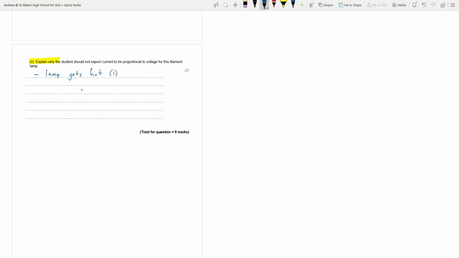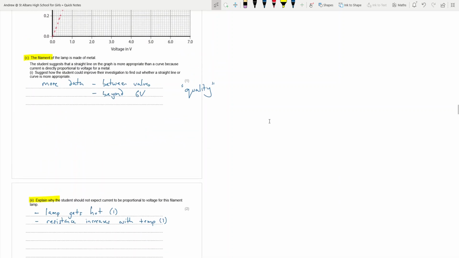That is 1 mark. The second thing that I can therefore comment on is that resistance increases with temperature. So that's just a general sort of relevant remembering and recall about lamps. They get hot and resistance in them increases with temperature.